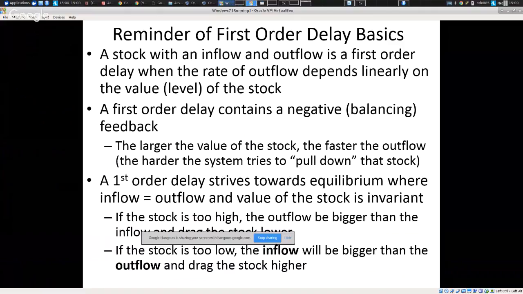So, ladies and gentlemen, we have a system which tends towards equilibrium. If the value of that stock is above its equilibrium value, what's going to happen? Why does it want to go back to equilibrium? We talked through it last time with a running example, but I just want to make sure the intuitions stick in. If the value of that stock is above its natural value, what's going to happen?